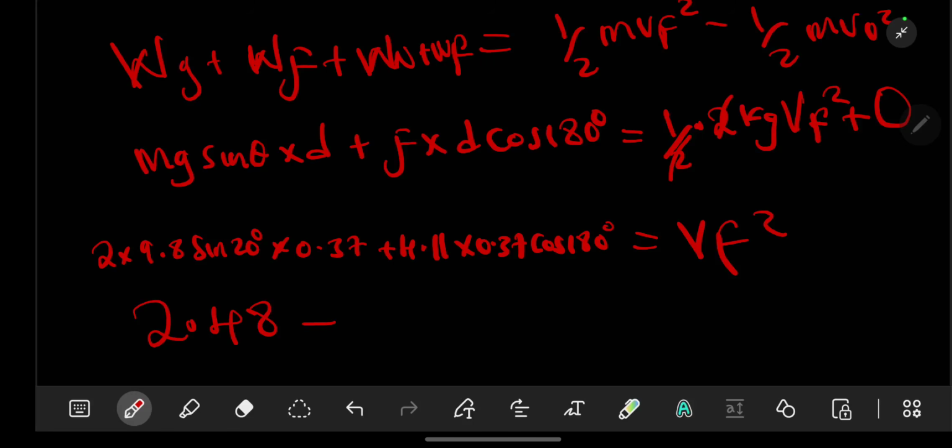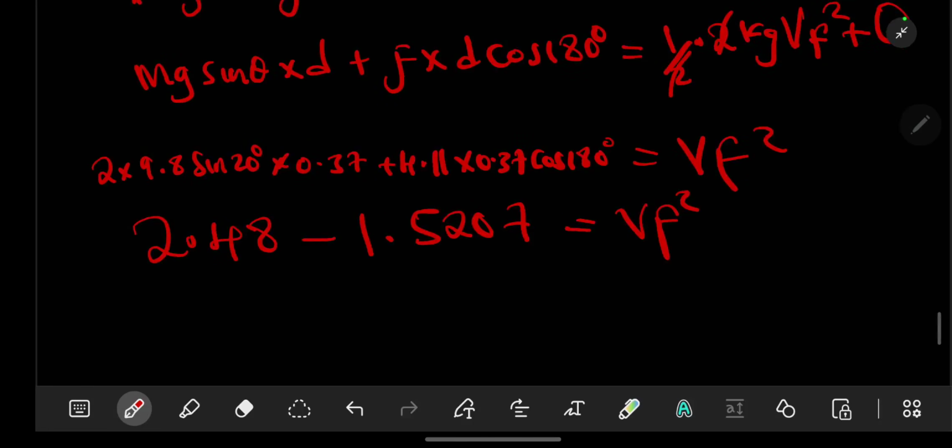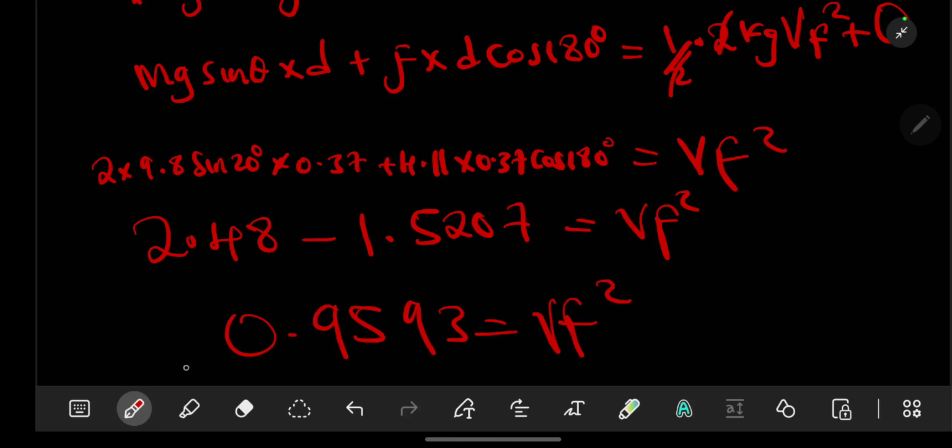It will give us a minus 1.5207, which will be equal to v final squared. So subtracting those two, 2.48 minus 1.5207, this will give us a 0.9593, which will be equal to v final squared.